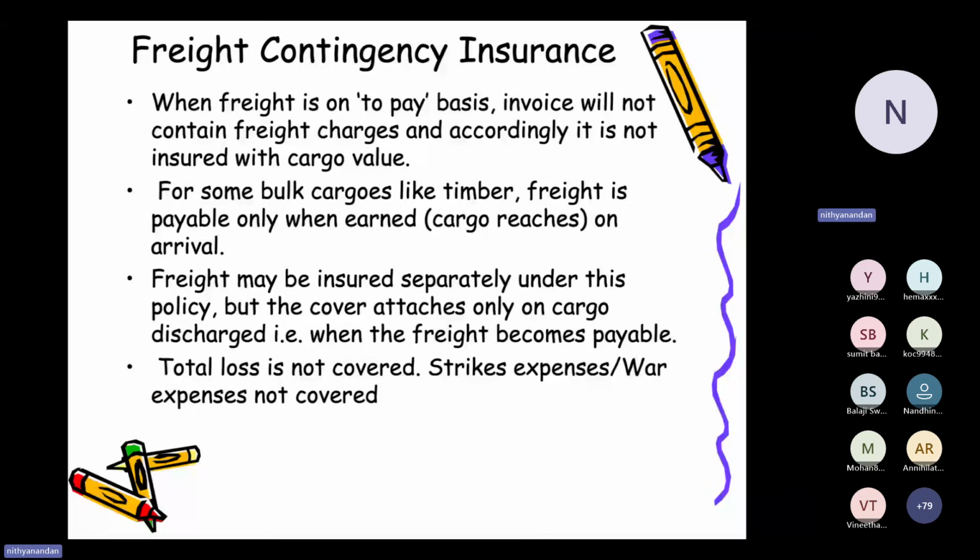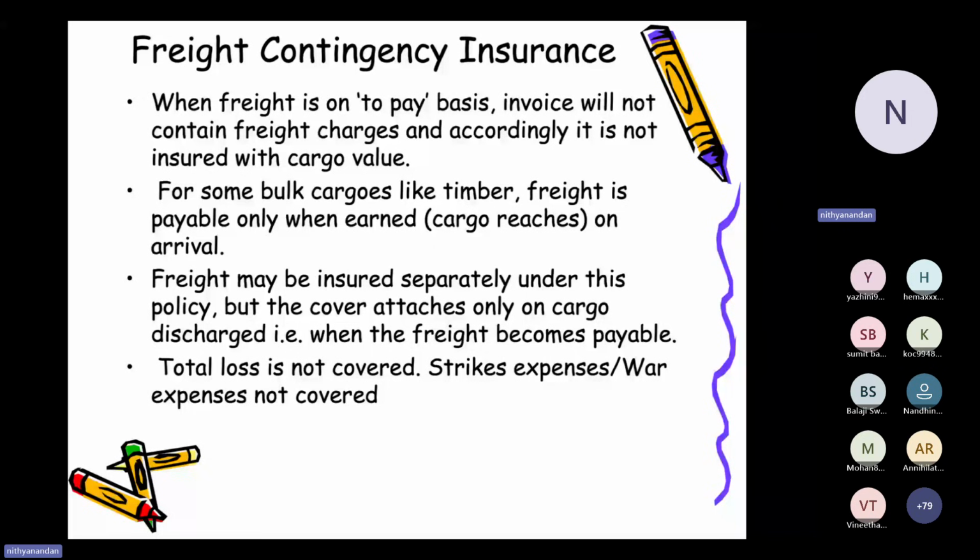Freight contingency. Sometimes in cargo transit, the freight is payable only if the cargo reaches the destination safely. So if the cargo is lost during the transit, the freight which is due to the carrier is also lost.